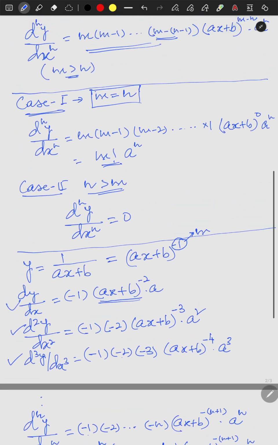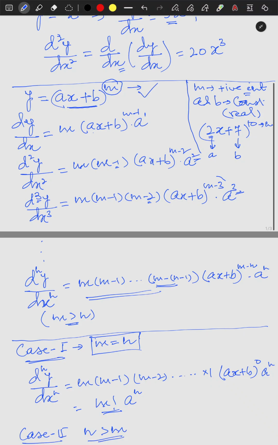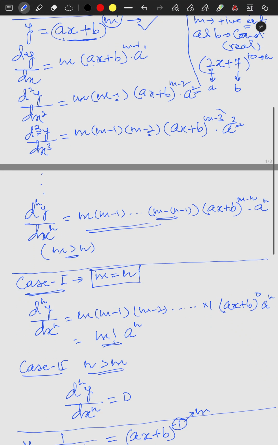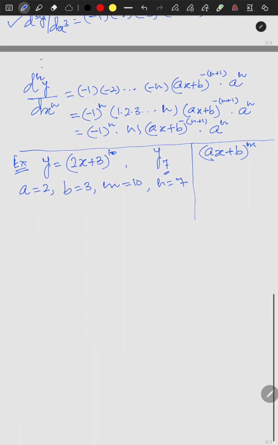So this is the case of the first type, when we are having ax plus b to the power m, and you can see that here we are having m, m minus 1, up to m minus n plus 1. Okay, so m is 10, and we continue up to 10 into 9 into 8.